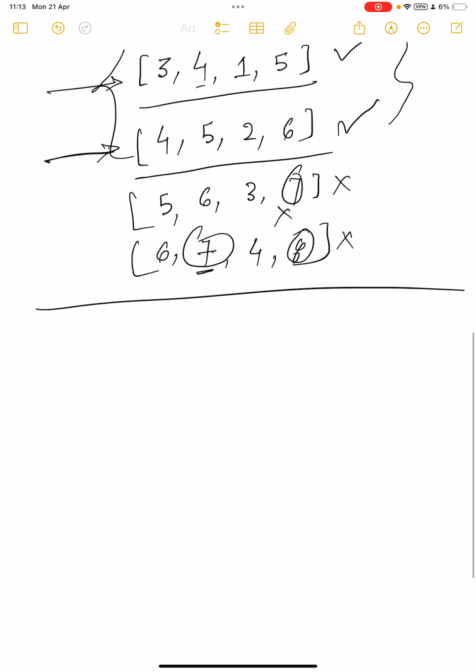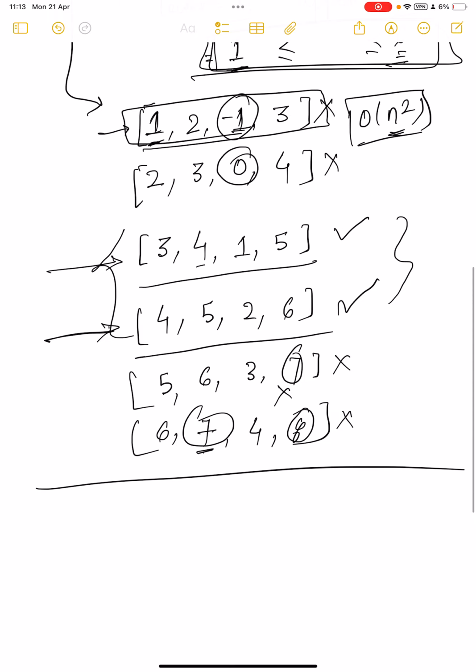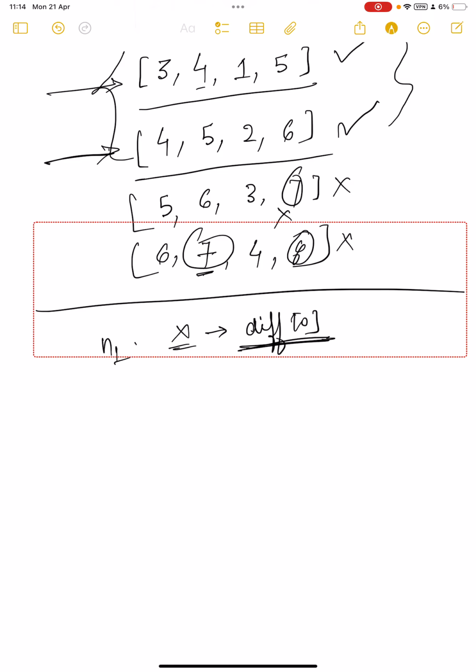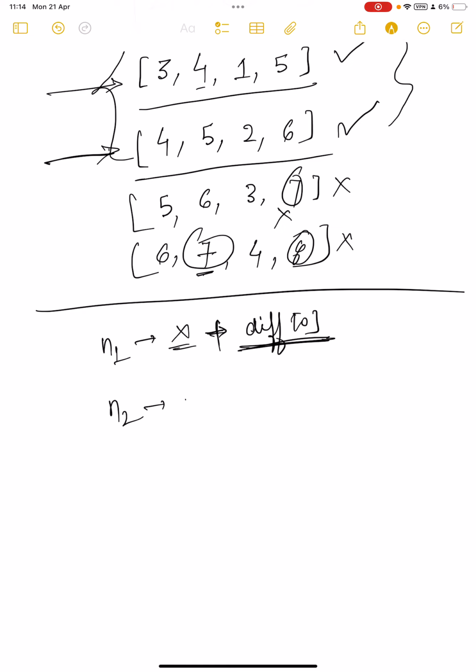So if you look carefully, for example, I'm trying this x number, and I'm adding difference 0, and this is how I get my first number, n1, which is x plus difference of 0. Then for n2, what I'm going to do is add difference of 0 plus difference of 1, and then I get my second number, which is this one, right?